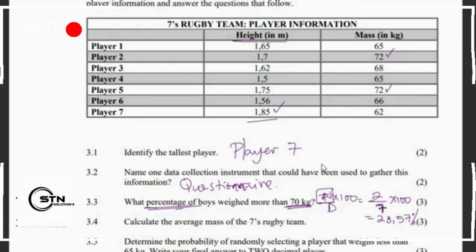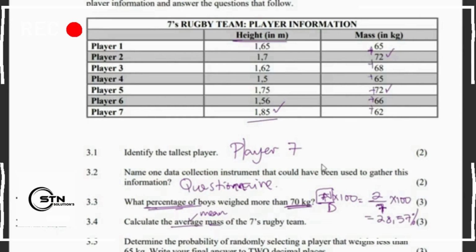Calculate the average mass. Average means mean. We add all the numbers and we divide by 7. So we're going to add the masses.